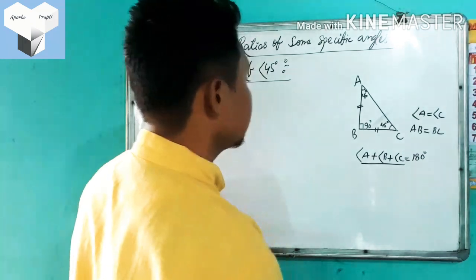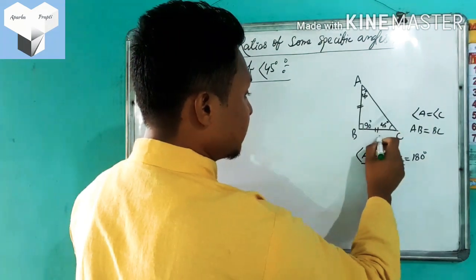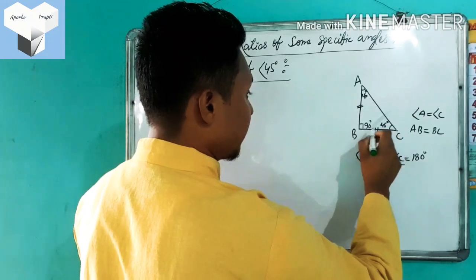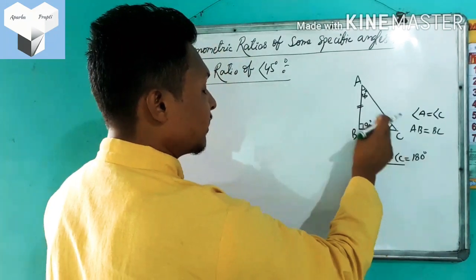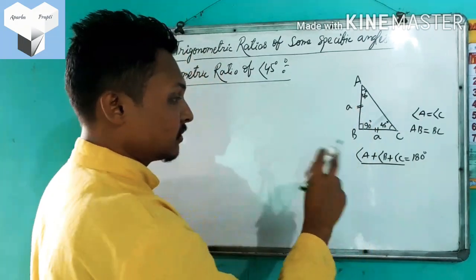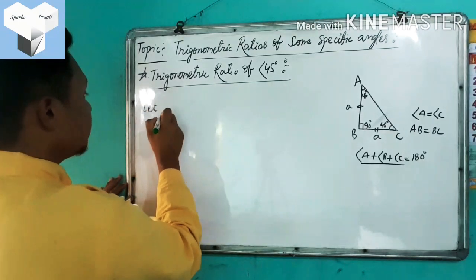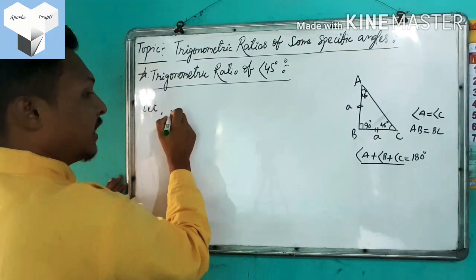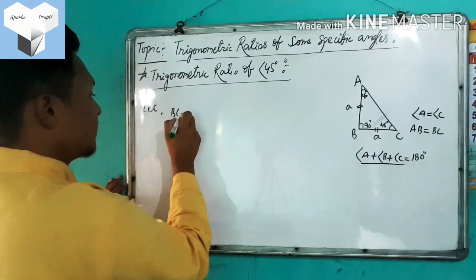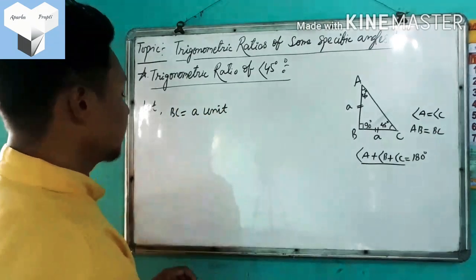Yes. So for easy finding of these ratios, let us consider the length of this side BC to be a. So if BC is a unit, then AB will also be a unit. Okay, you get it? That means let BC be equal to a unit, you can say centimeters per unit.